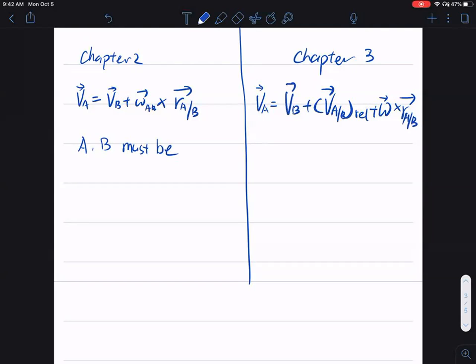Same rigid body. Yes. Very important. They must be on the same rigid body. How about points A and B in chapter 3?